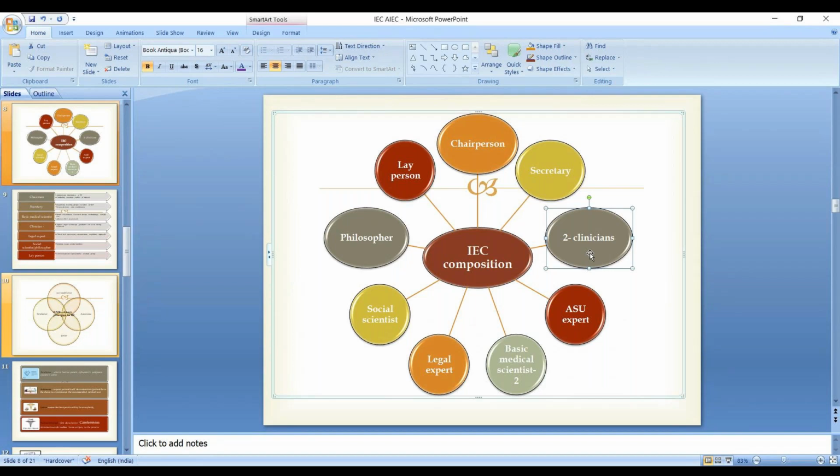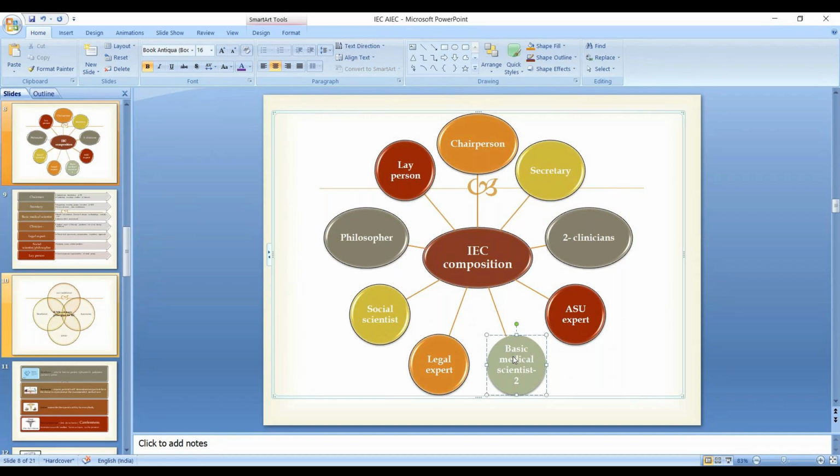We are preparing that at our institute, one from the medicine side and another from the surgery side, so that two different views come, along with the ASU or Ayurveda expert. Two basic medical scientists should be there.